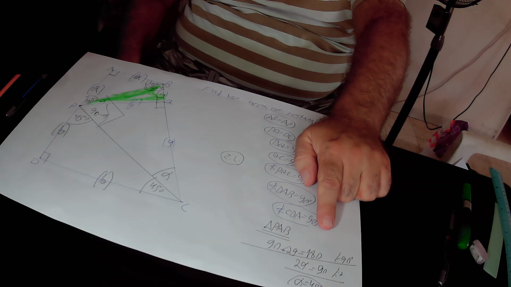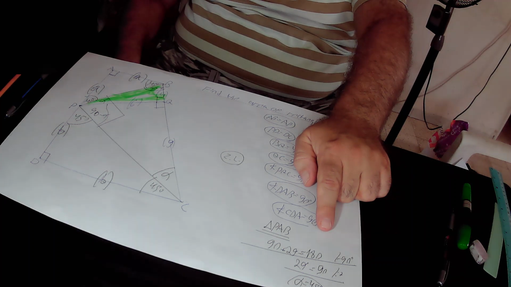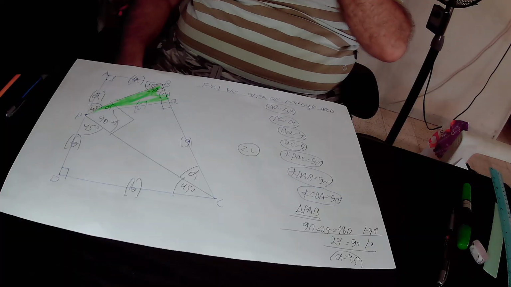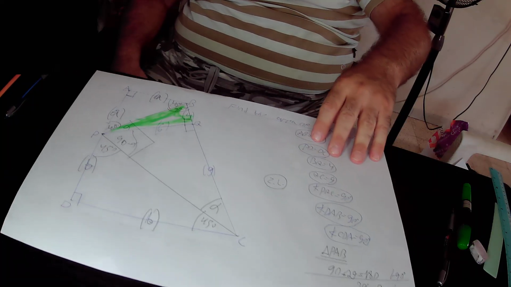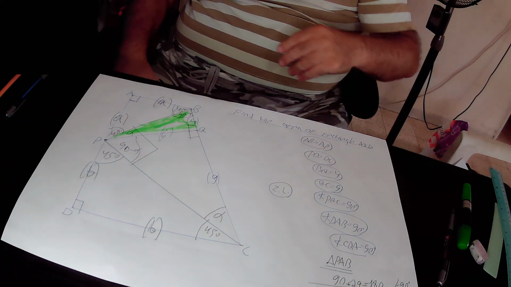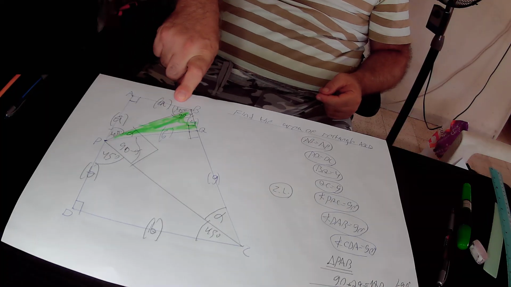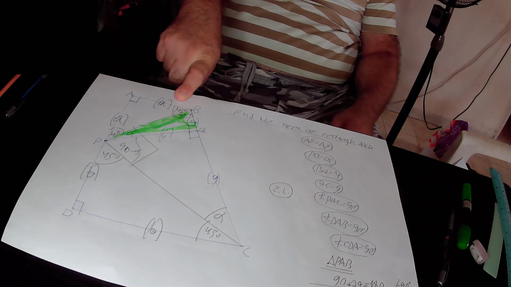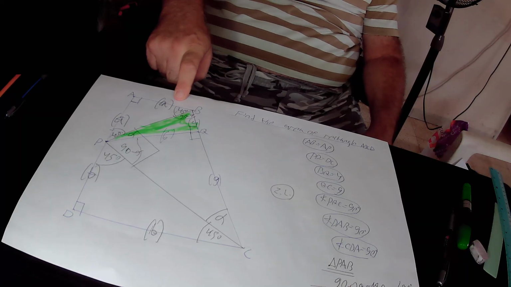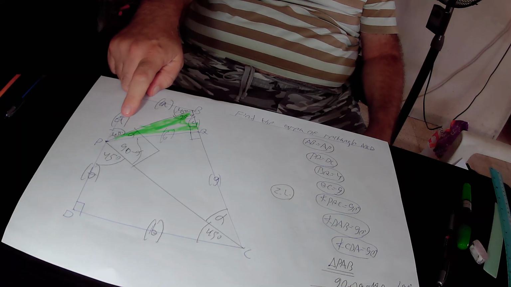Dividing this equation by 2, we finally find that alpha equals 90 degrees over 2, that is 45 degrees. So this is angle alpha, equal to 45 degrees, and on its side this is also angle alpha, equal to 45 degrees.